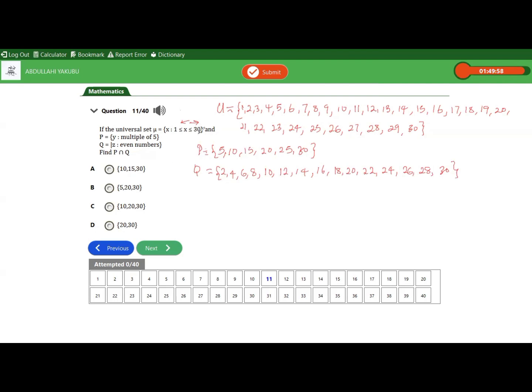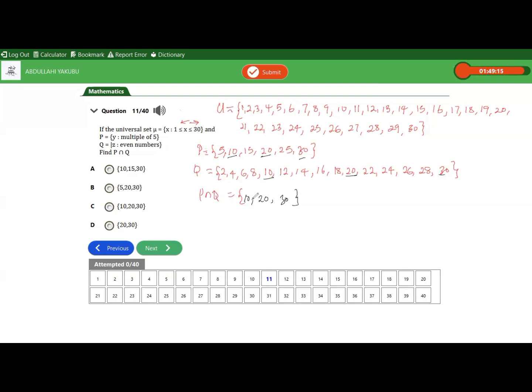So having listed out all the elements in sets P and Q, the question says find P intersection Q. P intersection Q is a set of elements that is present in both set Q and set P. Looking at set P, what are those elements that are common? 5 is here, no 5 here; 10 is here, 10 is here, so 10 is common. 15 is here, no 15 here; 20 is here, 20 is here, so I have 20. 25, no 25 here; 30 is here, 30 is here, so I have 30.